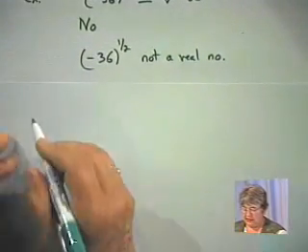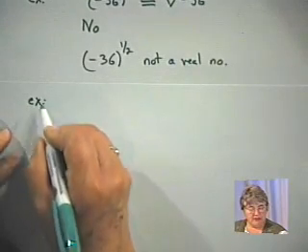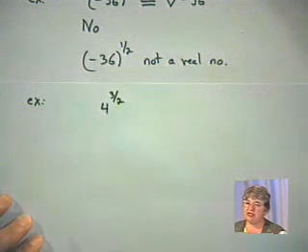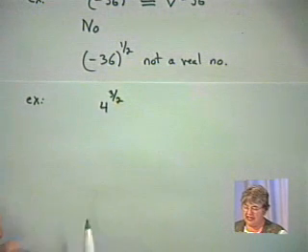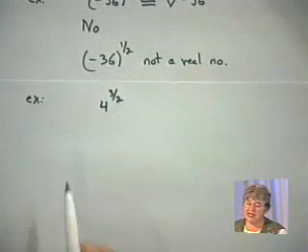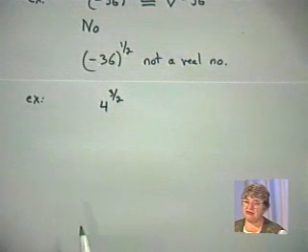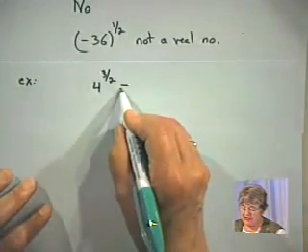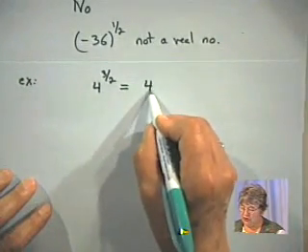But we could also look at this as if it were the following. We could say this is also equal to 4 cubed, the whole thing to the 1/2 power, right? Because 3 times 1/2 is 3/2, when we have a base to a power, we multiply the powers. So we could cube the number 4 first. Doing that, we end up with 64.